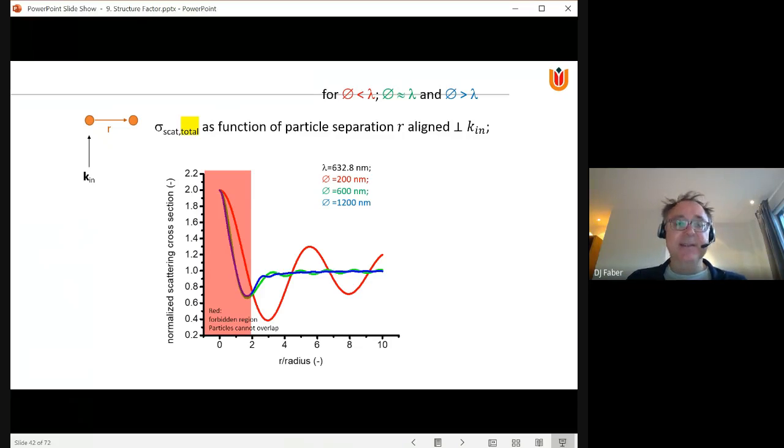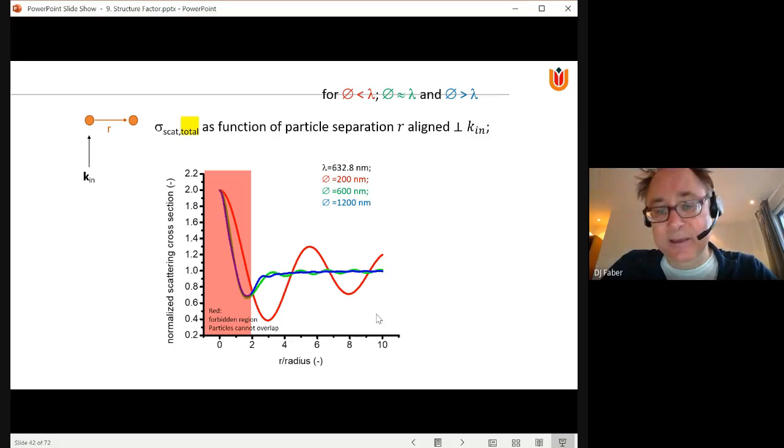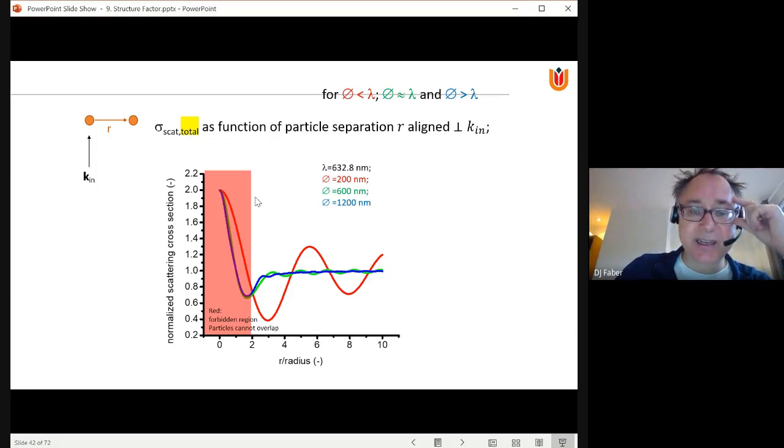Then, if we look at a situation where the particles were separated at a distance that was perpendicular to the incident wave vector, we see some similarities, but also some differences. Of course, again, there is this forbidden region where the particles are not allowed, so we ignore that.